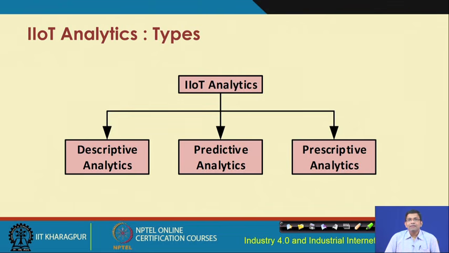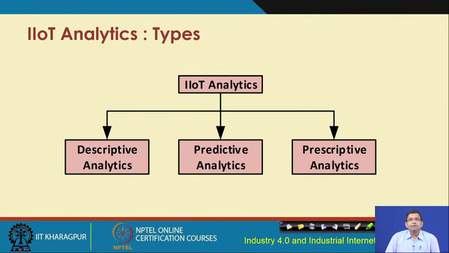So, there is a link between the predictive and the prescriptive. Prescriptive goes beyond what predictive does, and so there are different tools and techniques to be used for each of these: descriptive, predictive, prescriptive, and so on.